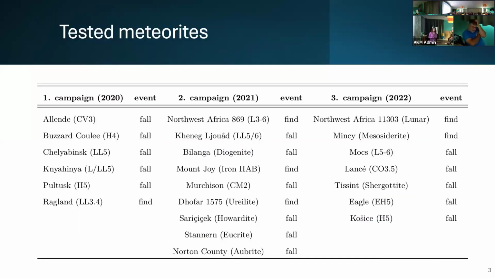Overall, we have tested 22 meteorites covering a wide range of meteorite types, from carbonaceous chondrites, ordinary chondrites, enstatite chondrites, iron meteorite, and stony iron meteorite. So a really pretty diverse sample set.